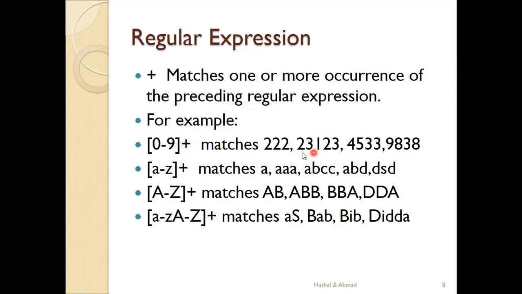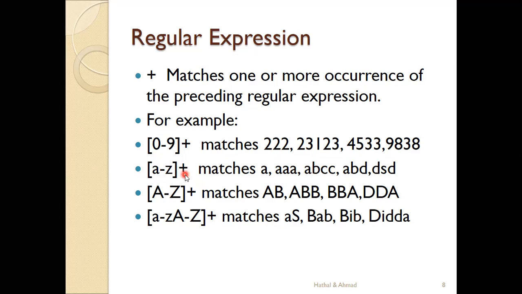In this way, I can select any digit from the character class any number of times, at least one time you need to select. So by using this convention, I generated the integer numbers. These are the examples I showed here.